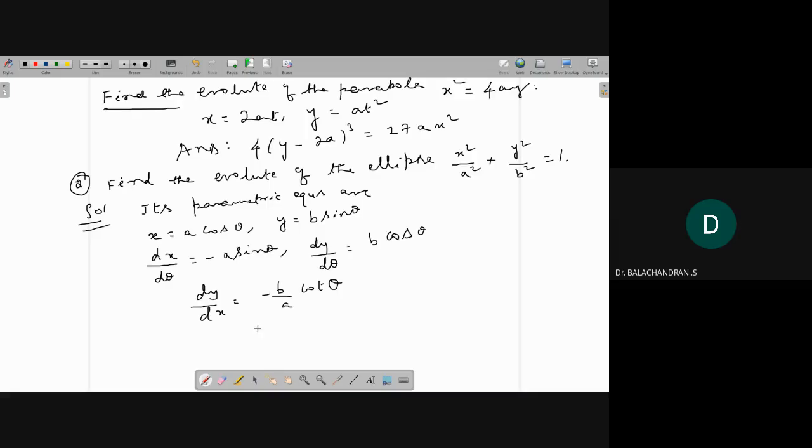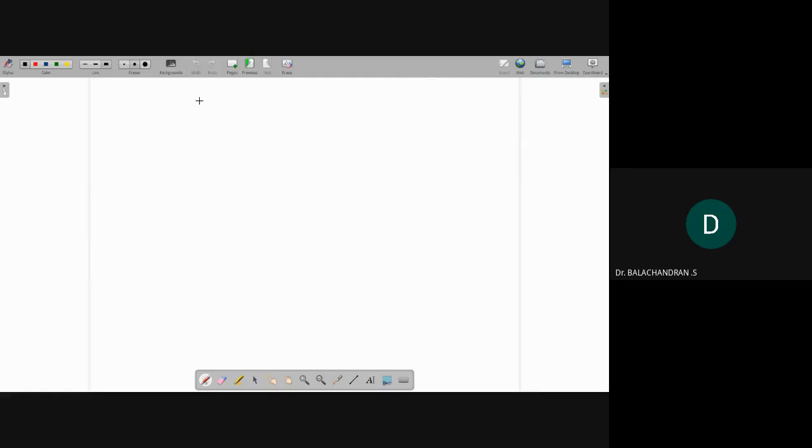Next, you need to find the second derivative, d square y by dx square. So d by dx of dy by dx is equal to d by d theta of dy by dx, that is minus b by a cot theta, into d theta by dx.